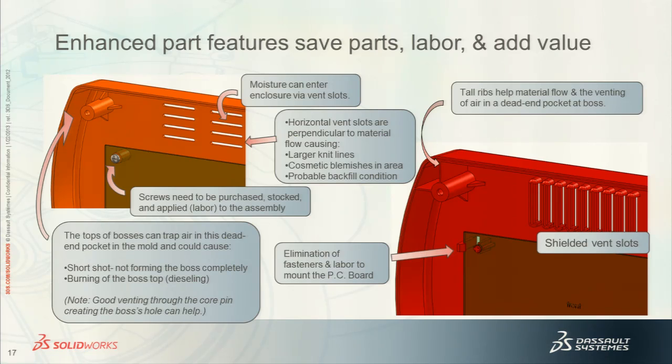The other way of venting a boss with a core hole like that is through the core pin itself and how it's mounted into the mold base. You can vent through that assembly feature between the core pin and your tool. But this really helps make sure that you do not get any air trapped in the dead end boss feature in the tool.